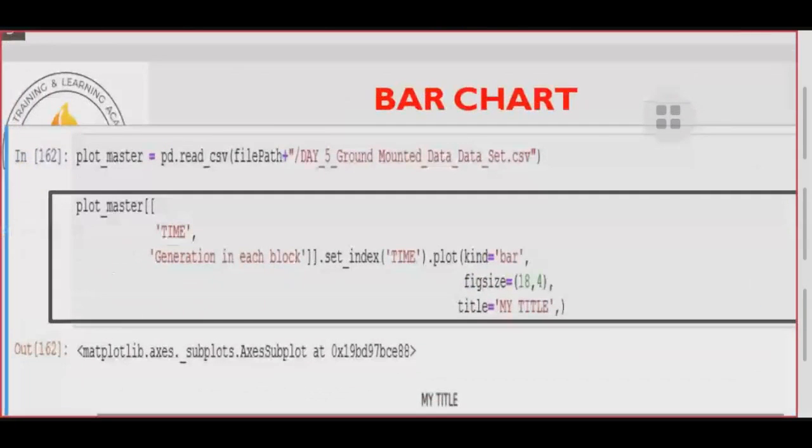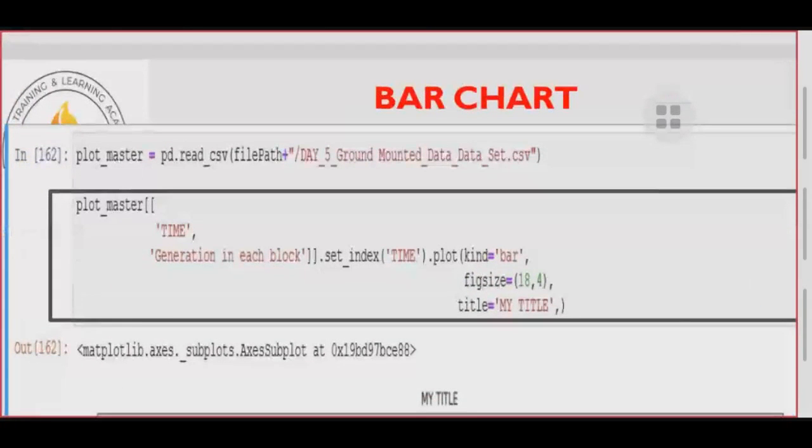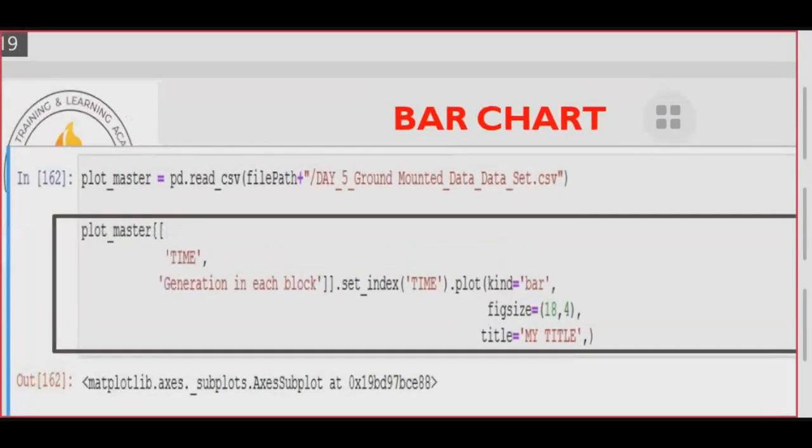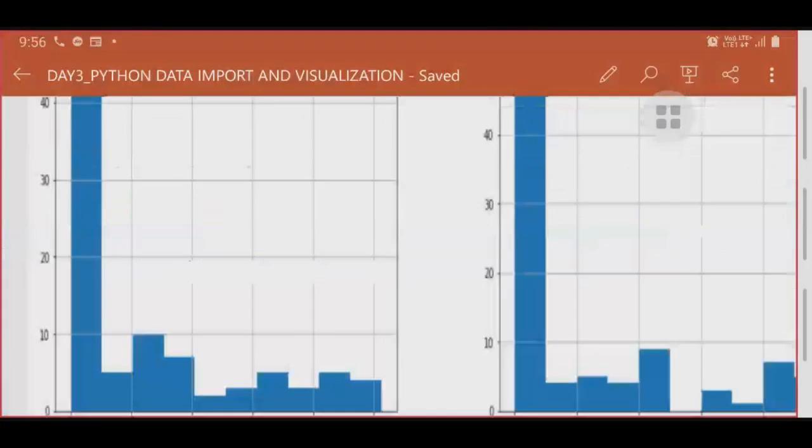Similarly, bar chart, plot master, and then pd.read_csv. Then same thing, title, figsize, kind. Here you have to use kind, which is the type of graph you are going to draw.